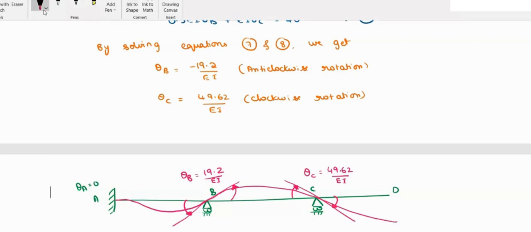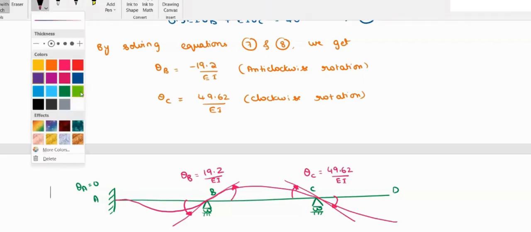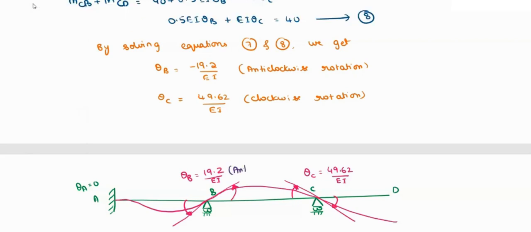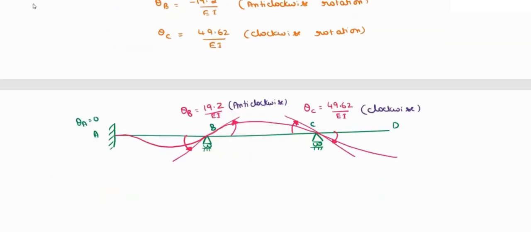So I'll just write down. So this is anti-clockwise, and here it will be clockwise. So this is how you're going to represent your elastic curve. So this is your elastic curve representation, or you can call it as deflection diagram also.